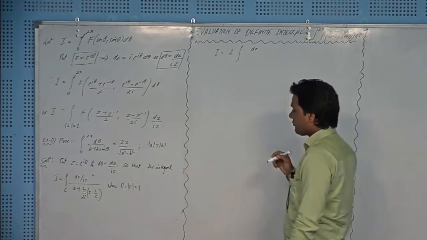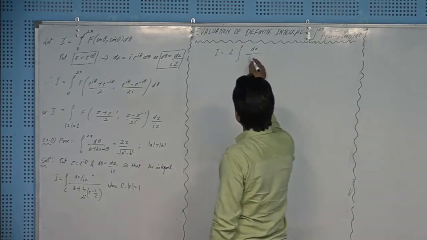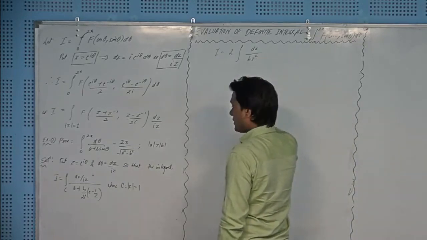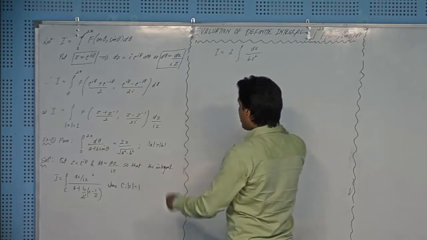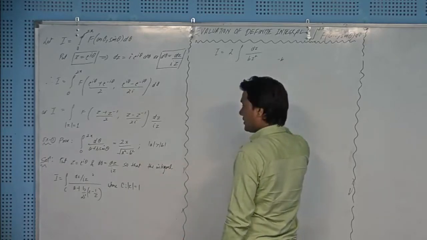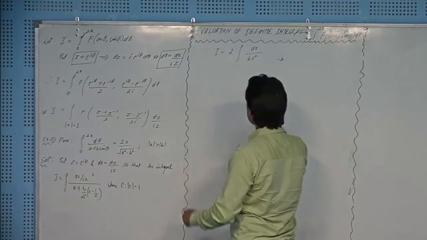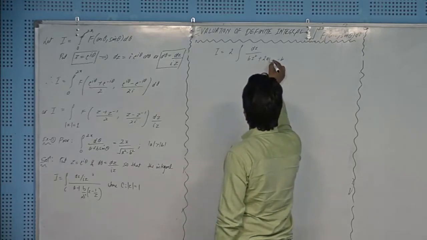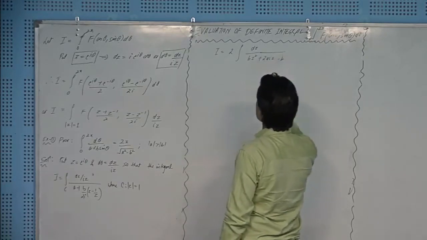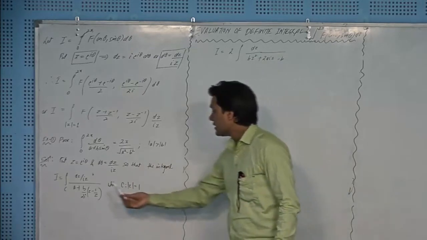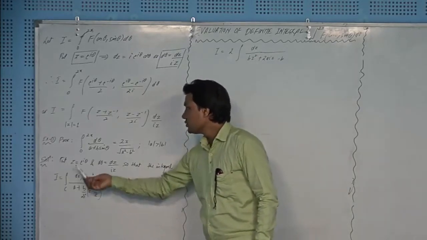That will give me bz² plus 2aiz minus b, where the z is cancelled, i is cancelled, and 2 appears here.